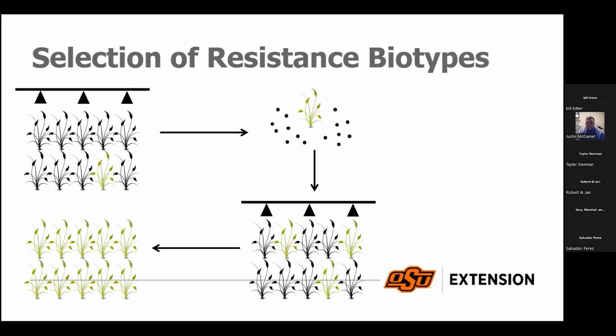Those couple more plants are going to mature and reproduce seed, and you're just reinforcing over time the likelihood of resistance of that plant to that herbicide. You're reintroducing that into the pasture, making it more and more difficult over time to control those weeds.